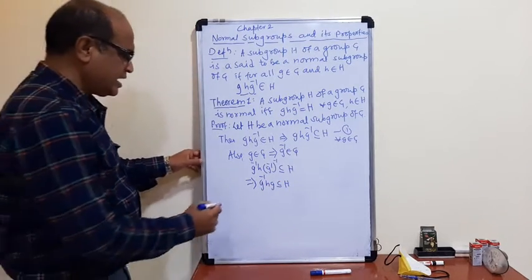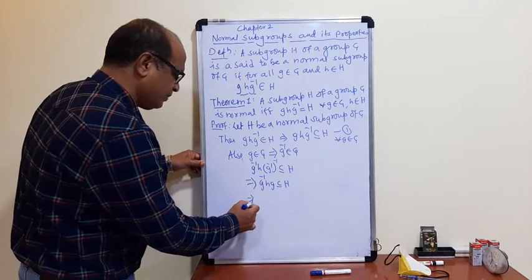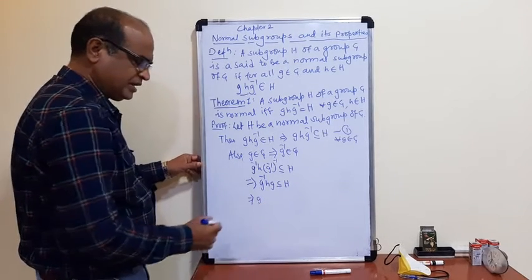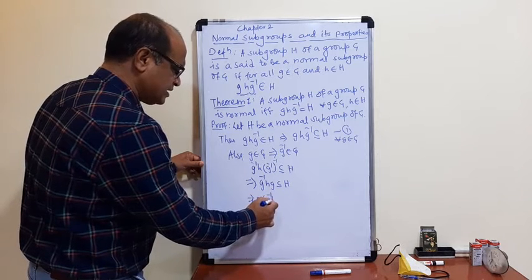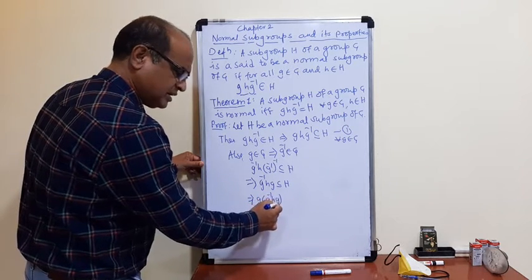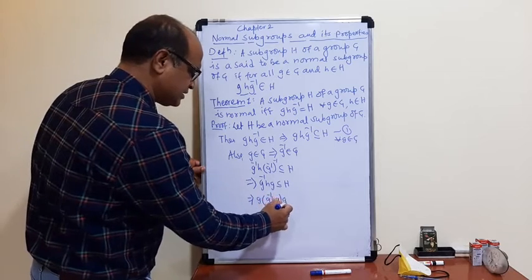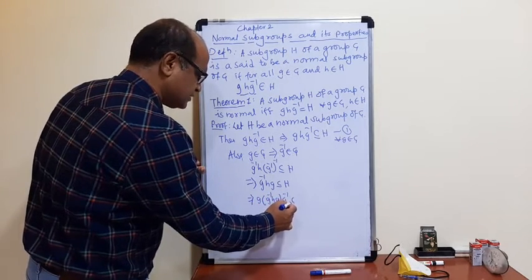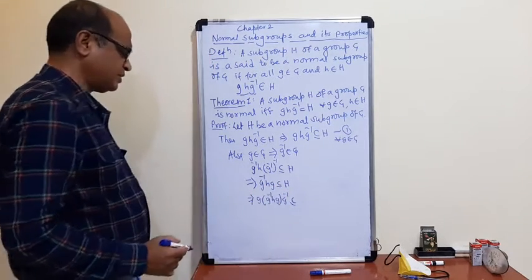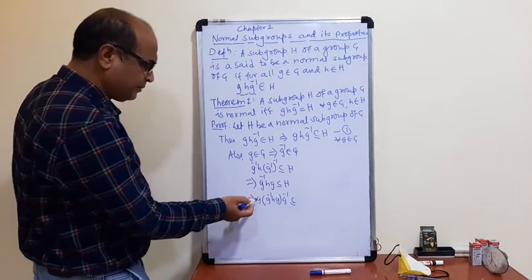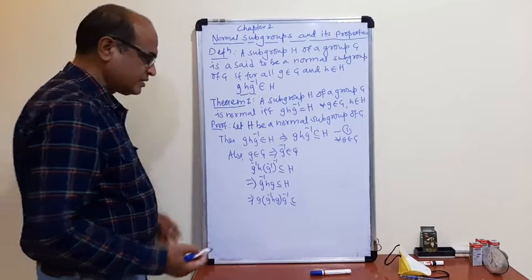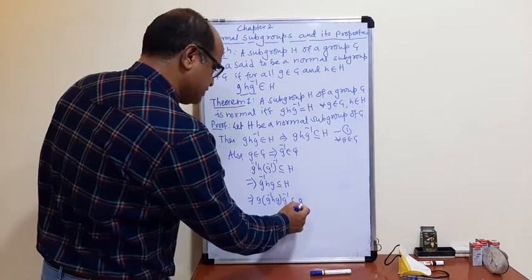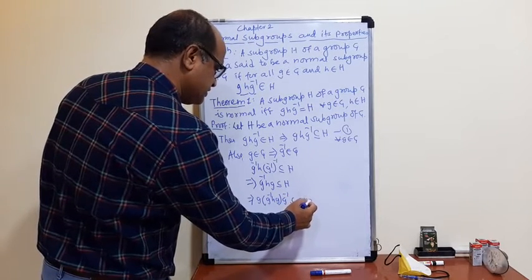Again, multiplying by g on the left and g inverse on the right, g into g inverse H g into g inverse is contained in g H g inverse.